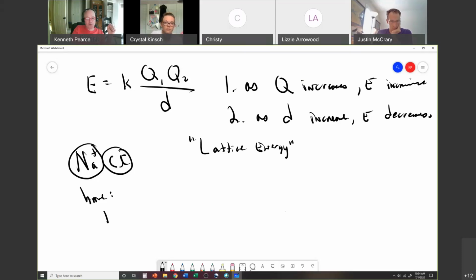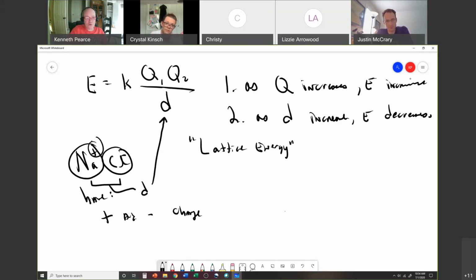We have a plus and minus charge, but we also have a D between them. We have a distance between them, and we have 2 charges. That's what's feeding into this equation here.